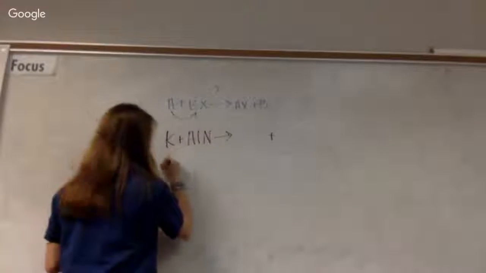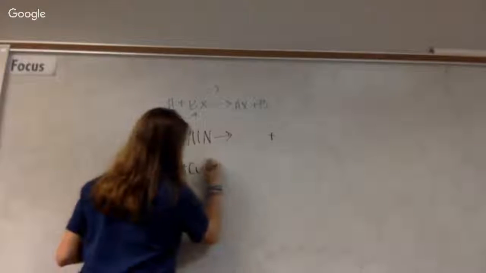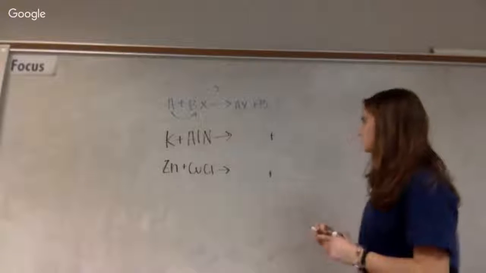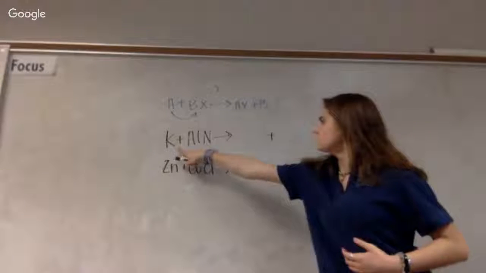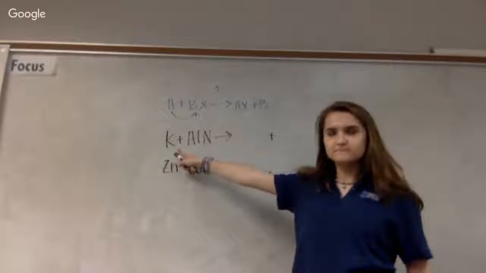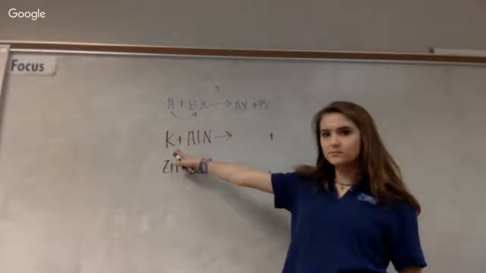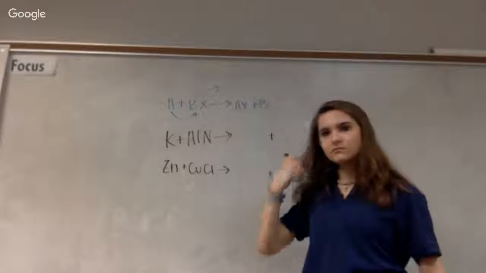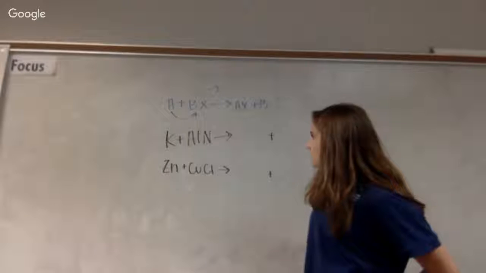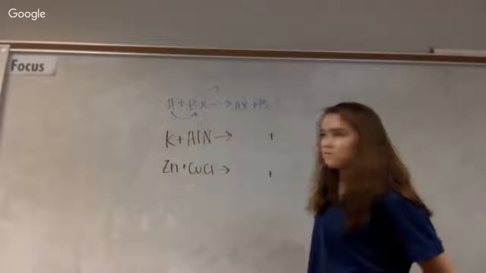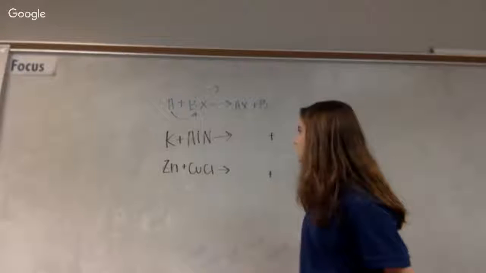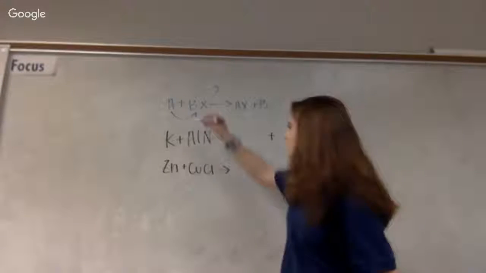So if we take a look at this, let's look at the top one here. All right. Put your finger on the K. In almost every single case, the metal is going to try and replace the first thing in the compound. So if the K were to replace the Al, wouldn't the K now hook up with the N? Now watch this. Put an arrow like you did up above with the K bumping off the Al.